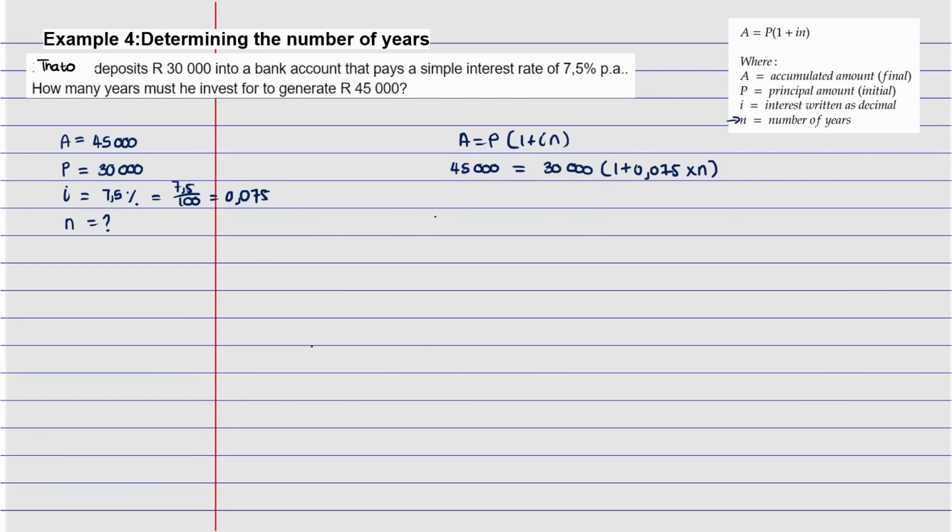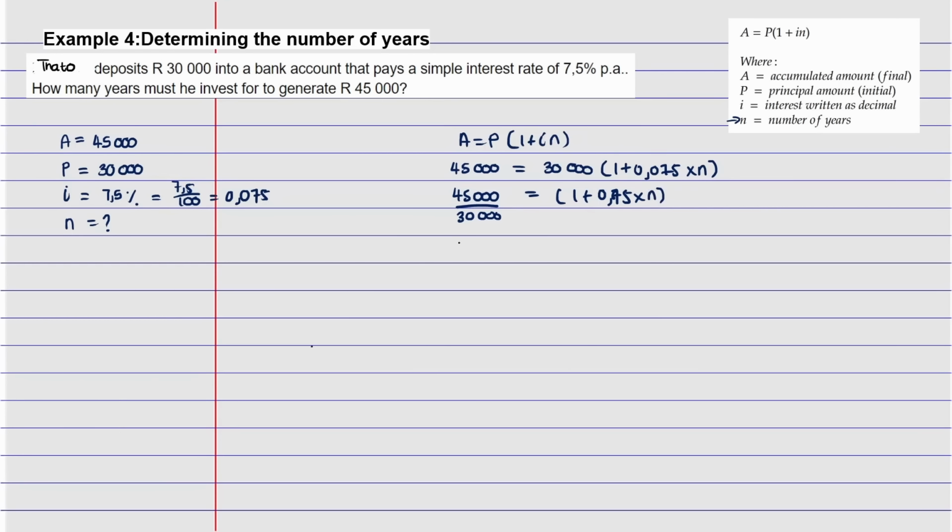So now divide by 30,000, so it's going to be 45,000 divided by 30,000 equals open bracket 1 plus 0.075 multiplied by N, right?